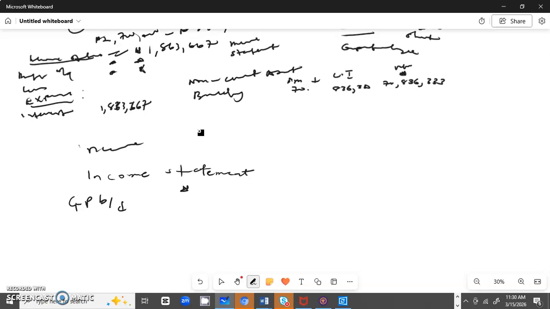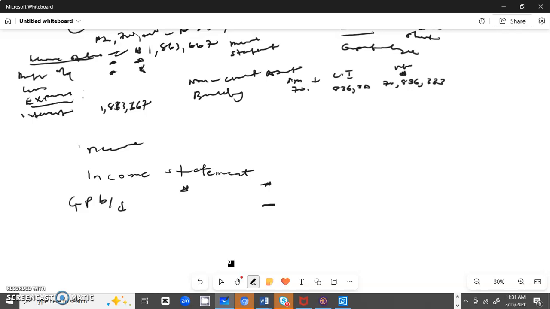Let's have the naira sign there. This is the format. So the gross profit brought down, we're not given any information in regards to that. Let's put the dash here.